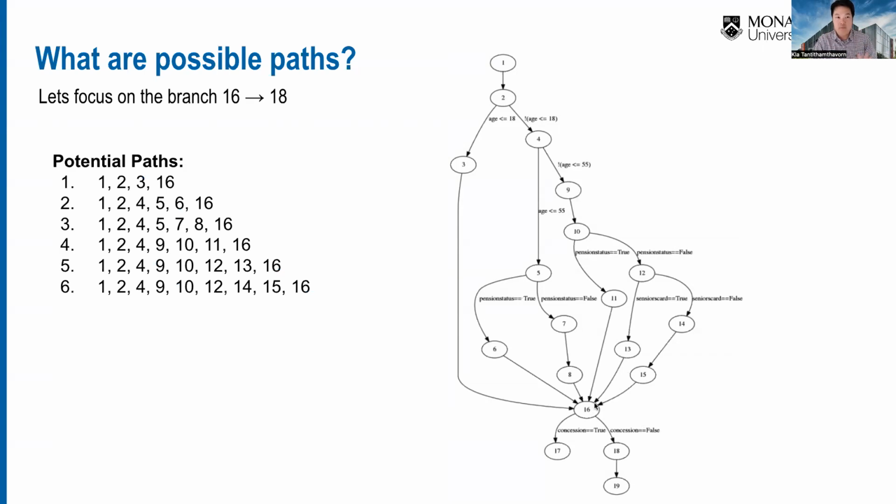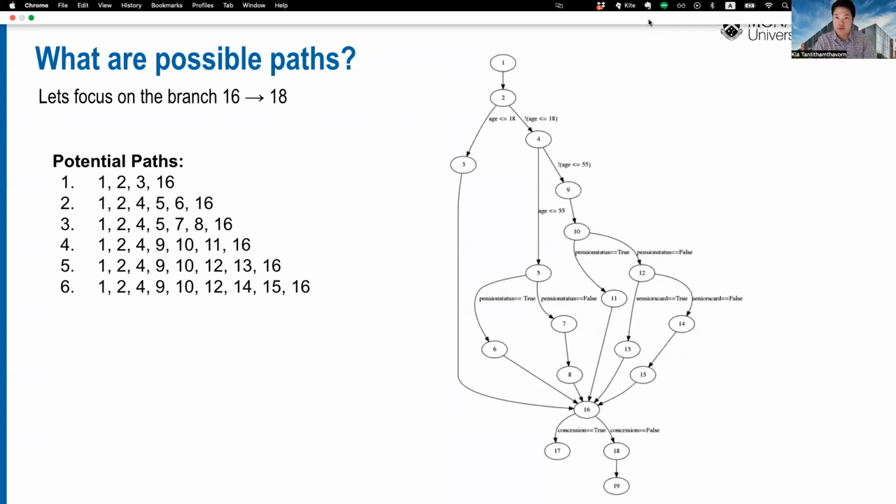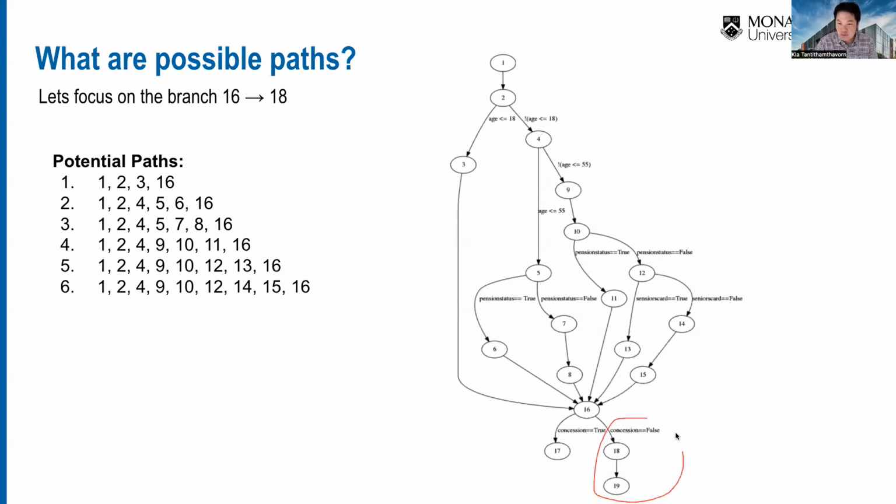Concession as false. What are the potential paths to reach concession false? Yep, this one. This is what we want, and the potential paths here are: 1 2 3, then 1 2 4 5 6 16. This is the second one: 1 2 4 5 7 8 16.